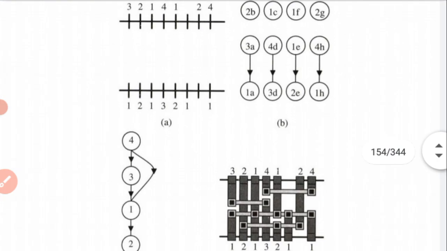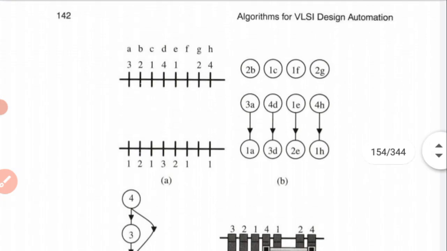Now let us look at an example. Figure 9.8 shows an example problem used to illustrate the vertical constraint graph.